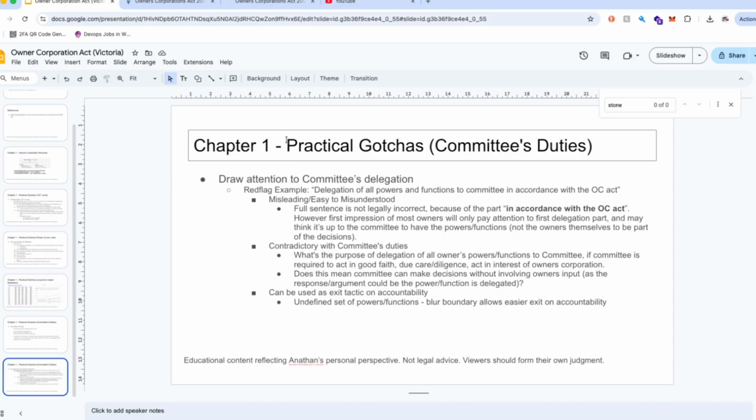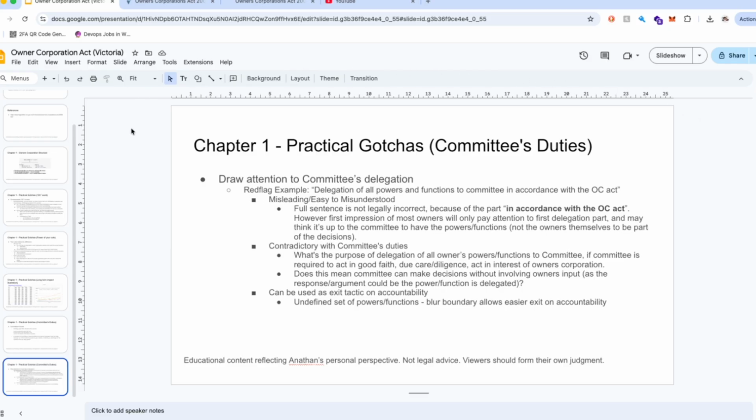Now, next part of the committee's duty, a practical gotcha: draw attention to the committee's delegation. As previously mentioned, the committee are representatives of the owners. In the legislation, the Owners Corporation Act, there are certain types of decisions the committee can make.